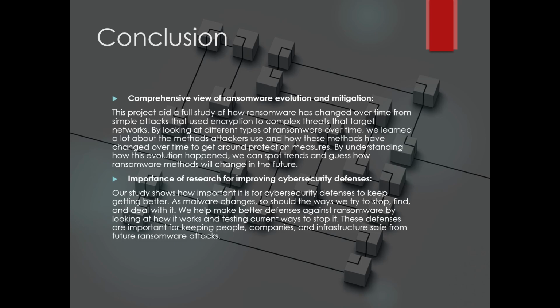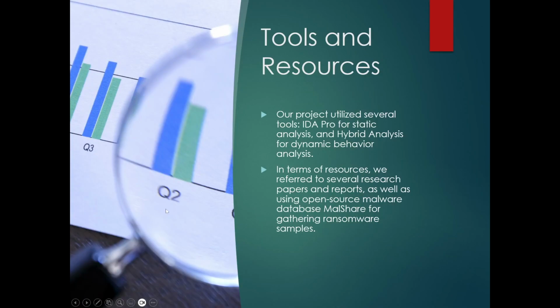By understanding this, we can spot trends and guess how ransomware methods will change in the future. Our study shows how important it is for cybersecurity defenses to keep getting better. As malware changes, so should the ways we try to stop, find, and deal with it. We help make better defenses against ransomware by looking at how it works and testing current ways to stop it.